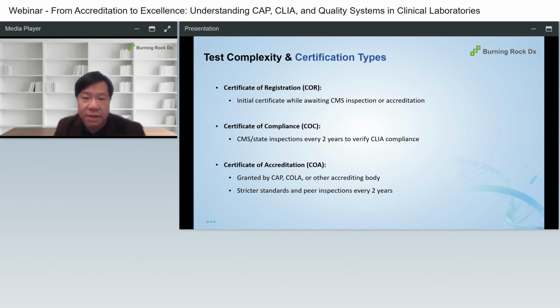After that, the lab can choose one of two routes: certificate of accreditation or certificate of compliance. A certificate of compliance is inspected typically by the state. For example, in California, it's under the California Department of Public Health. A certificate of accreditation is granted by so-called deemed bodies, including CAP, COLA, and other accreditation bodies, and it has a stricter standard. Typically, the inspection is a peer review system every 2 years.